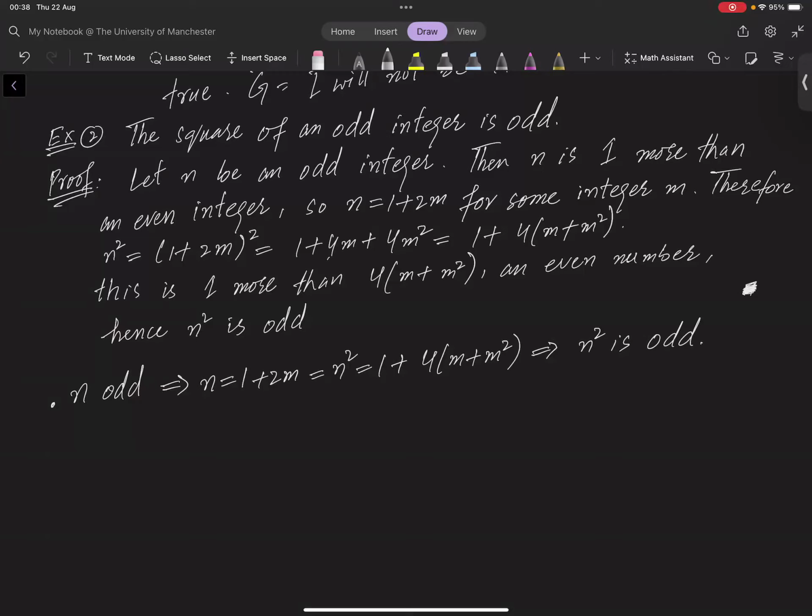The above proof shows rather more than just the oddness of n square. It shows that the square of an odd number is always one more than a multiple of 4, i.e. is of the form 1 plus 4k for some integer k.